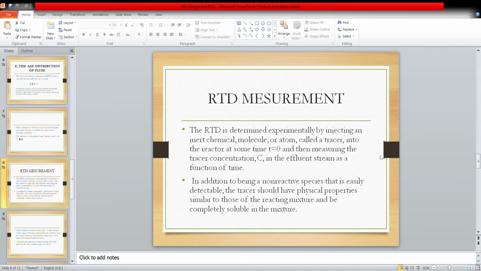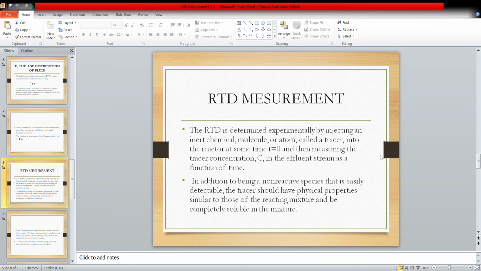In addition to being a non-reactive species that is easily detectable, the tracer should have physical properties similar to those of the reacting mixture and be completely soluble in the mixture. So there should be some properties for a tracer. One is it should be a non-reactive species. It should not participate in the chemical reaction taking place in the reactor.